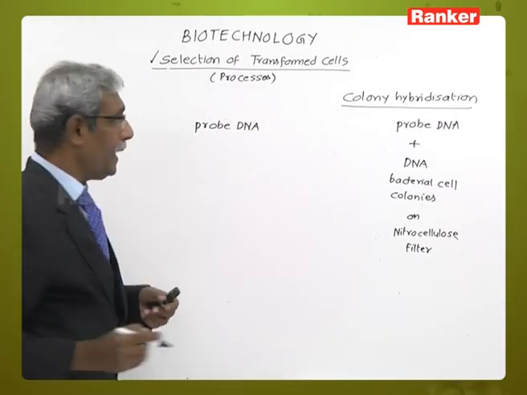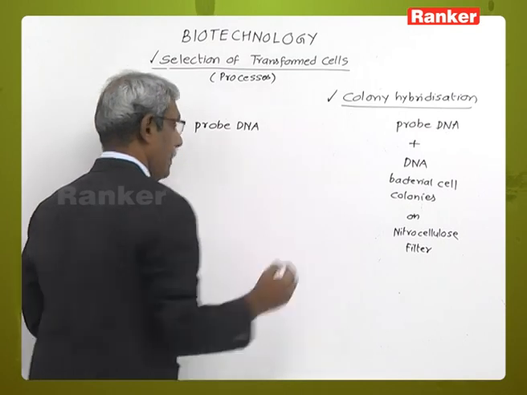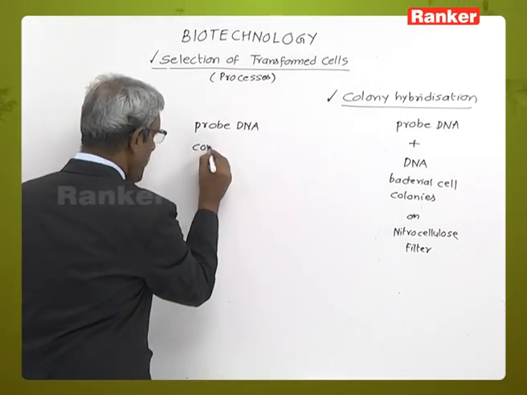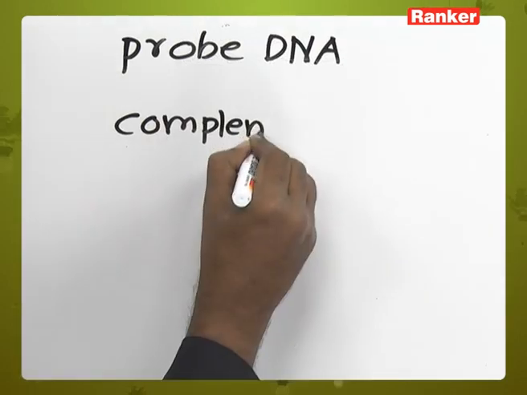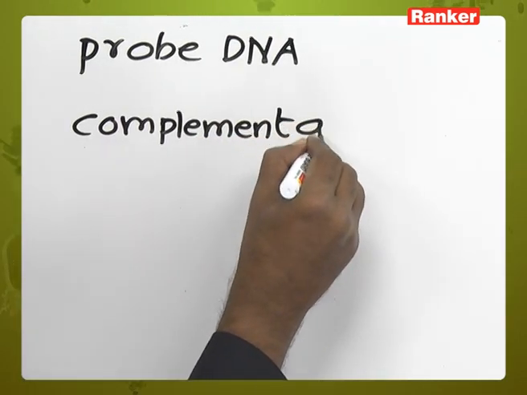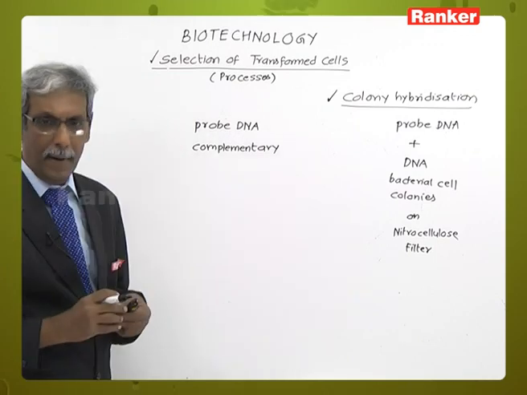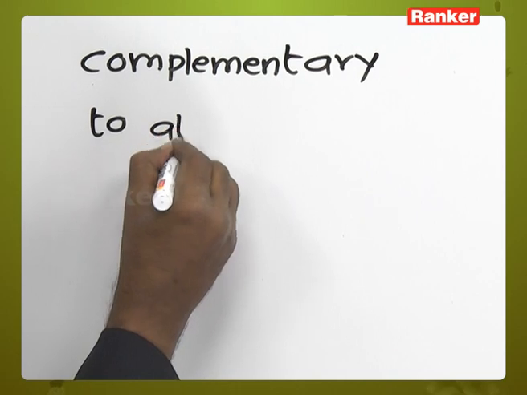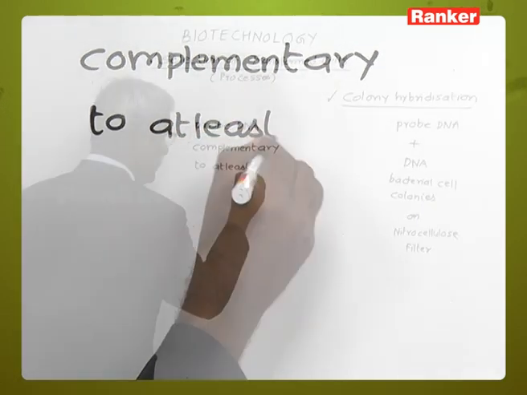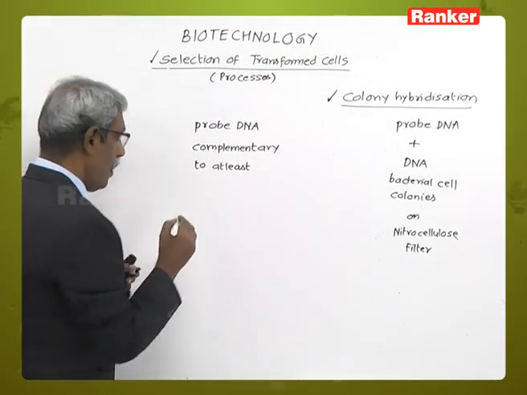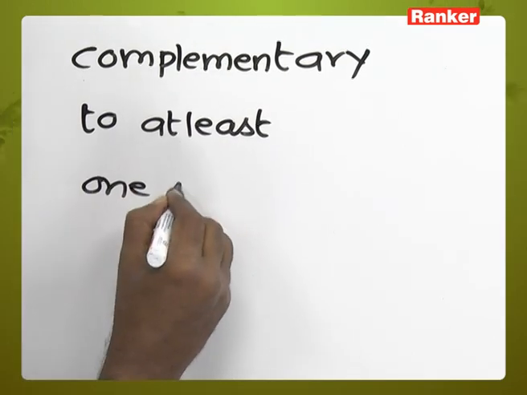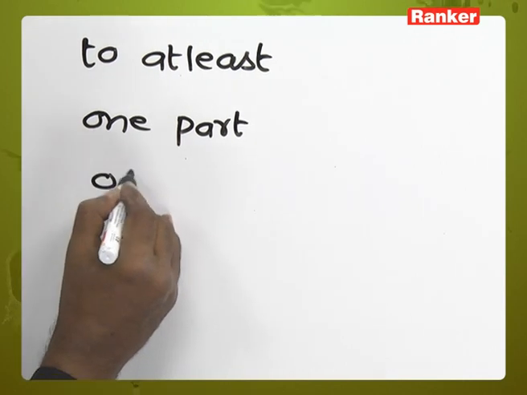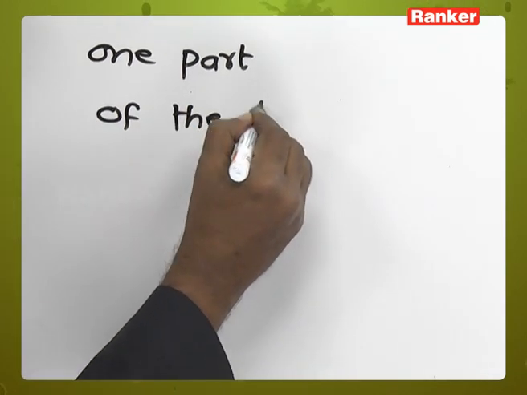The principle in colony hybridization is we have a probe DNA. The probe DNA is complementary to at least one part of the desired DNA.